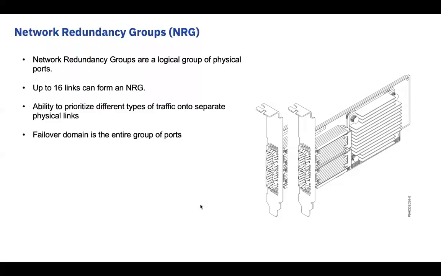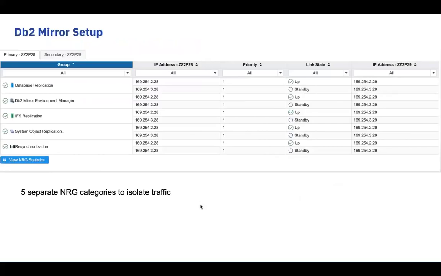This allows us to have a very flexible redundancy model and be able to separate different types of traffic. The different types of traffic that we have in Db2 Mirror are database, IFS, and system objects. The big one on system objects is spool files, if you replicate a lot of spool files. This gives you the flexibility to isolate different links for different types of traffic and have different priorities and different failovers.